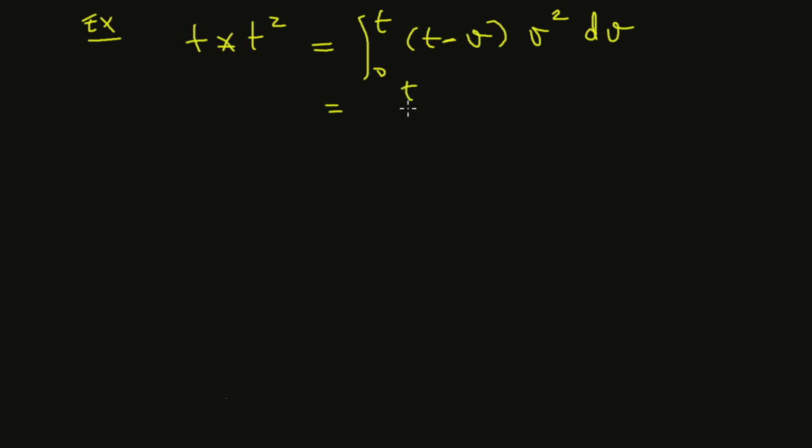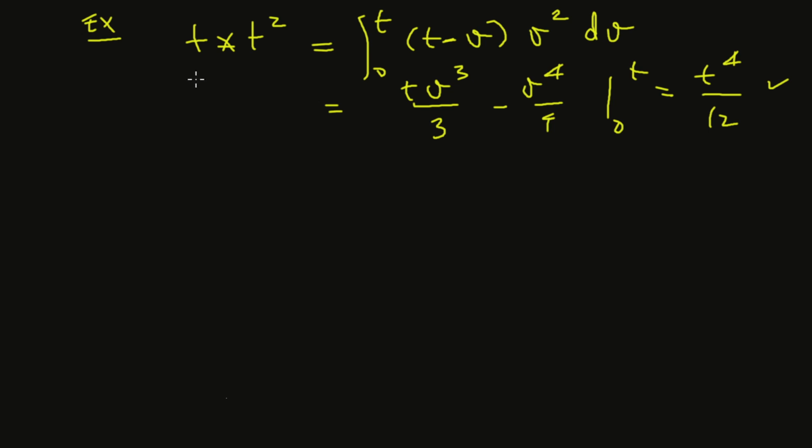We can just have t minus v times v squared, distribute, then integrate, and we get this, and v squared times v is v cubed, integrate is v to the 4th over 4, from 0 to t, and when you do this, you get that.